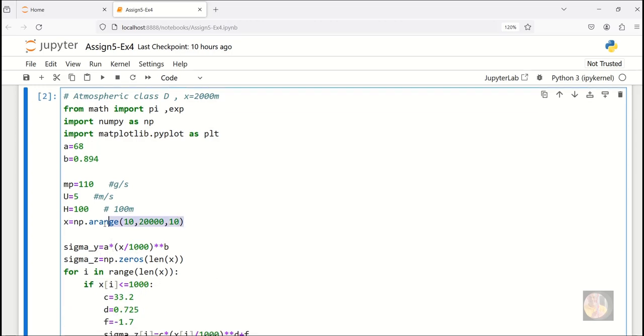I defined x as a vector starting from 10 meters from the chimney. You can start from 1 meter, it's not a big issue. I'm just avoiding having a division by 0 in my equation, because in sigma y you have a x exponent b.